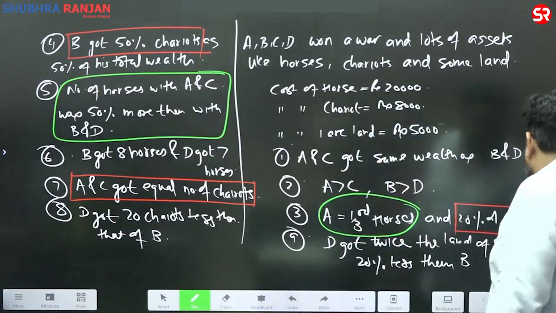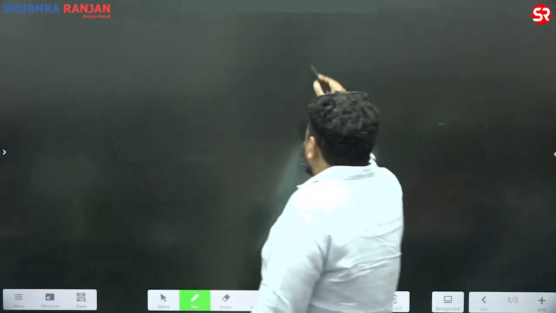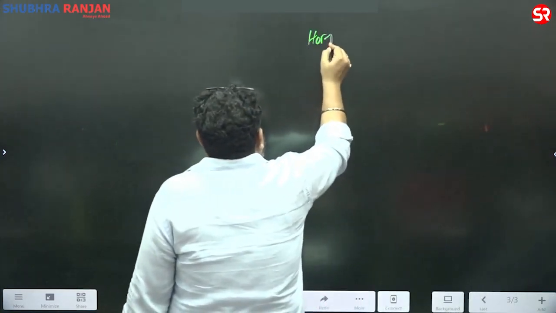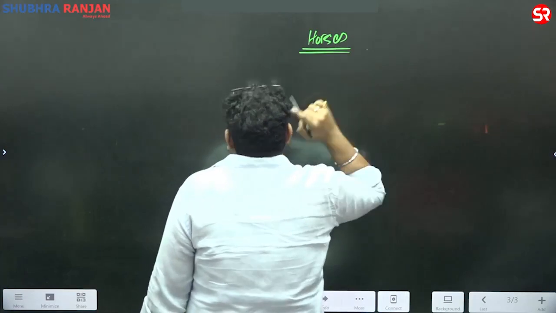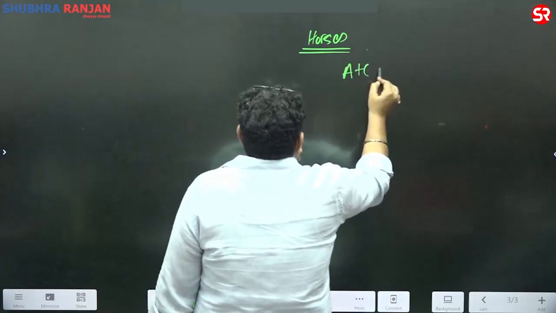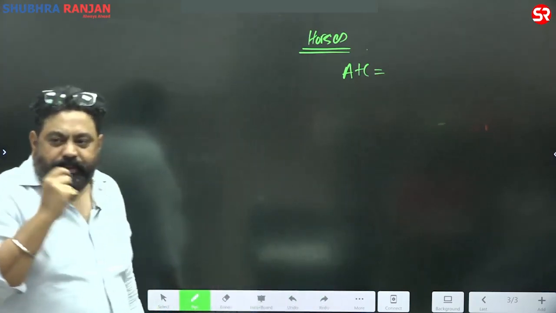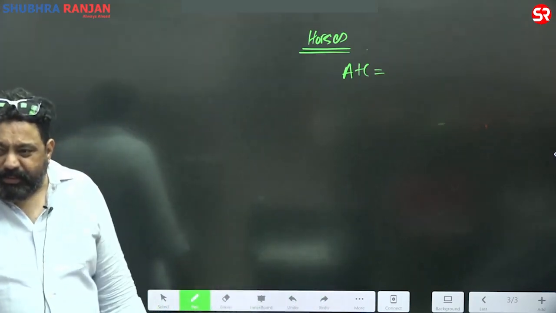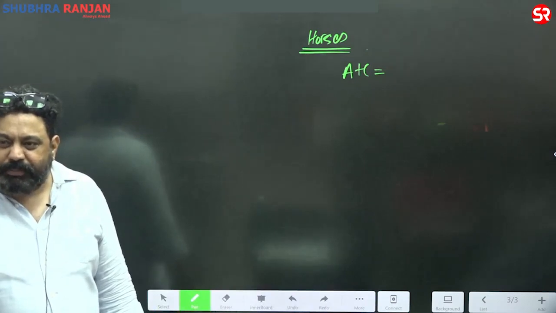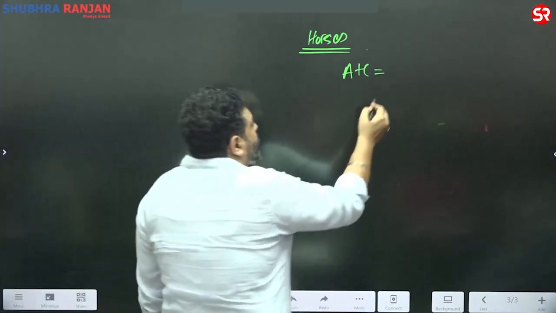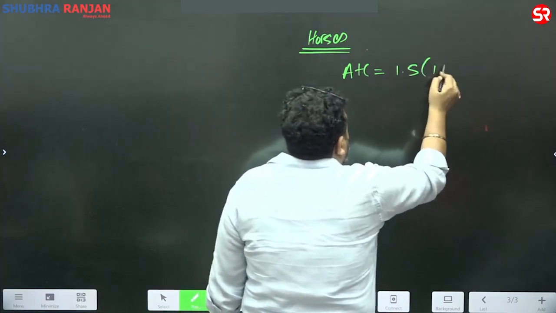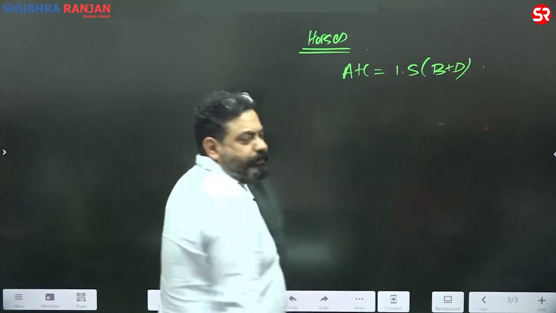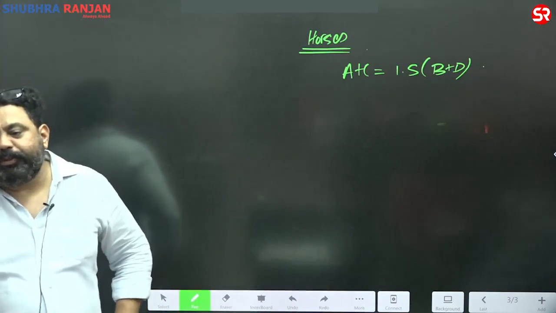A and C. Now horses. A and C got 50% more horses than B and D. That is 1.5 times B plus D, not 2.5.